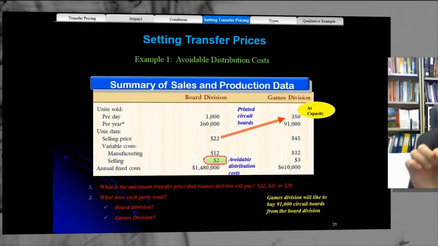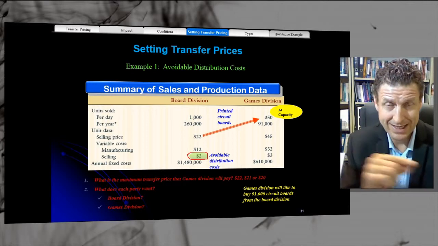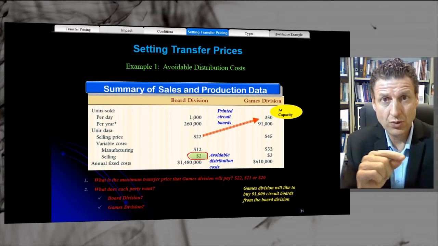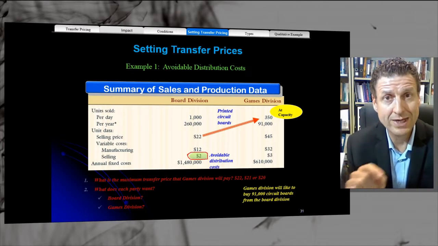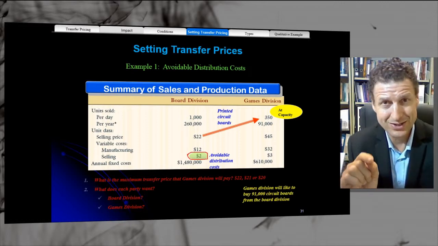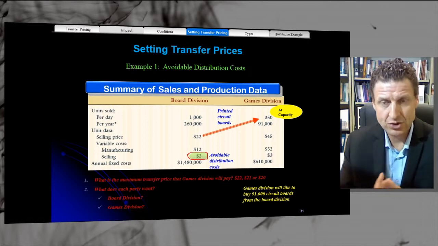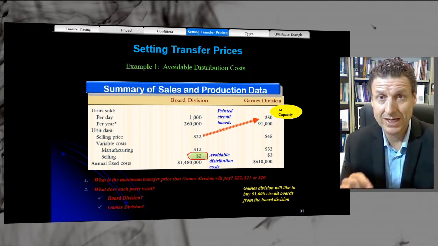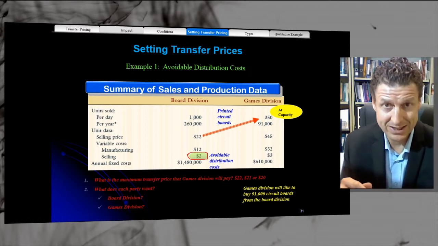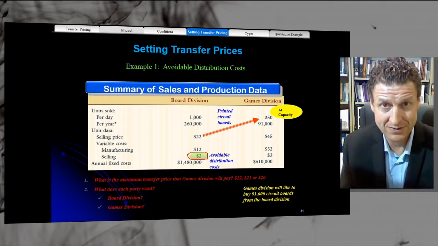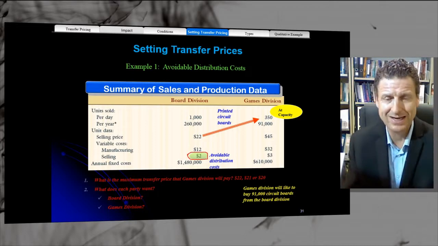So effectively, by selling internally, the equivalent sale price for the board division would be $20 and not $22. Can you see that? Because they avoid that selling cost, that is, transporting those boards to an external customer, serving the external customer, giving after-sales service support, etc. You got that? All right.